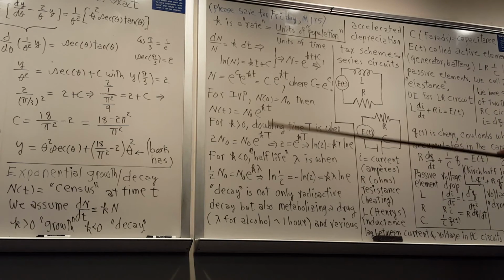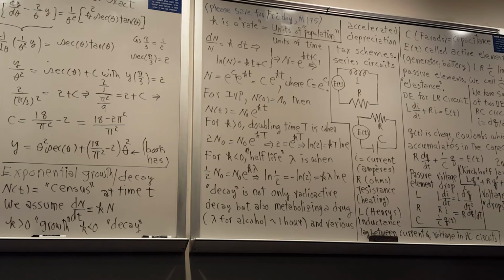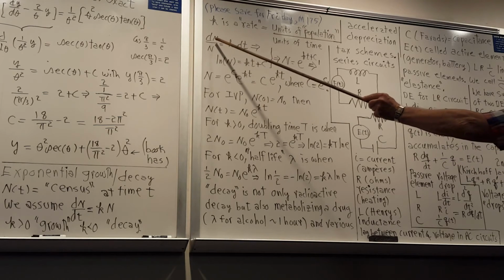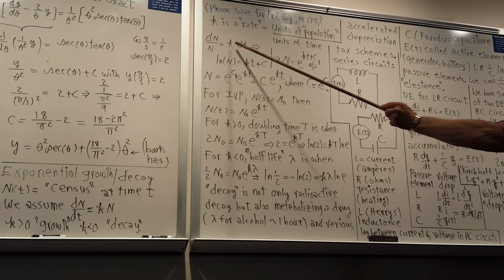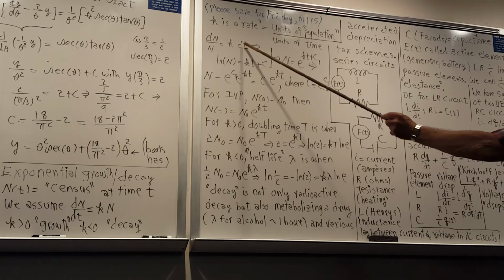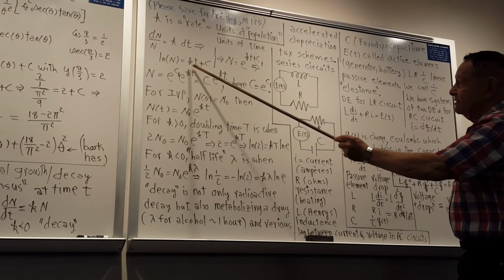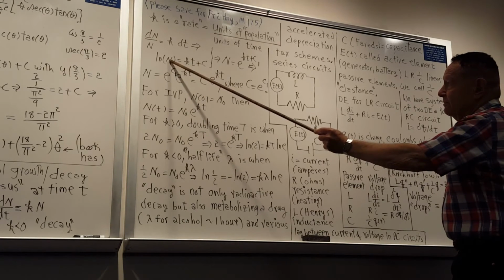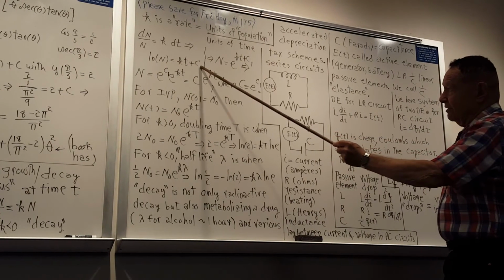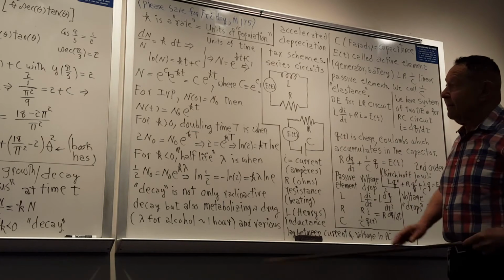You don't need to use the general first order procedure for something when you can separate variables. Your integral gives you log n, and your integral here gives you kt plus constant. So this is the logarithmic form of your solution.